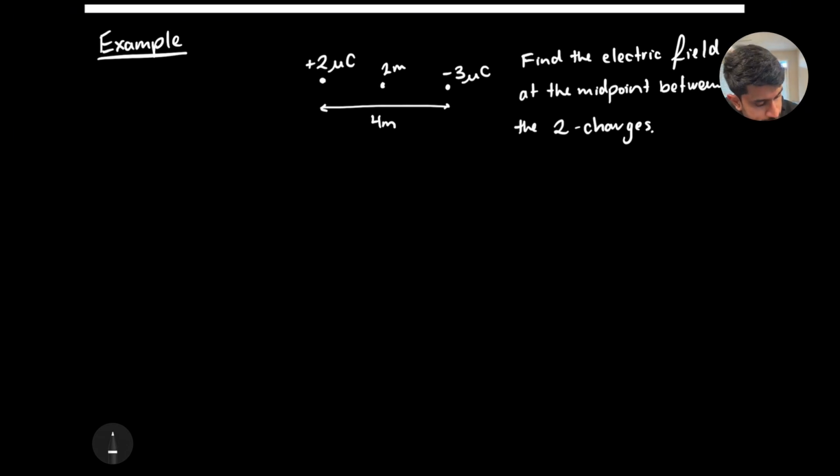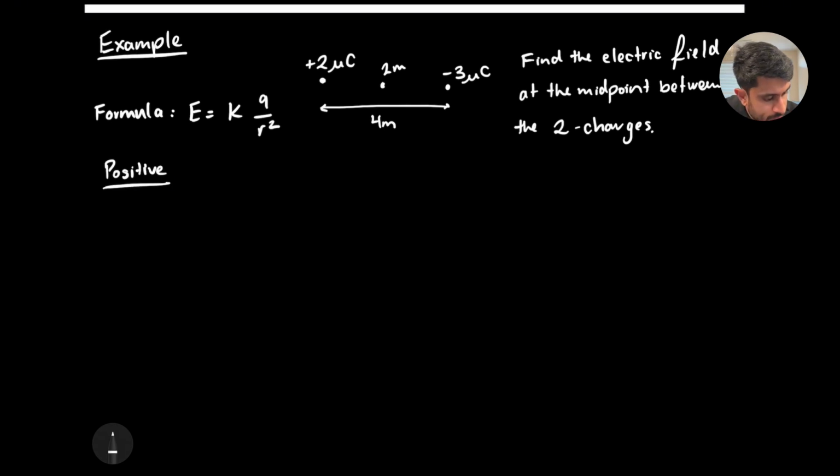We use our formula, E equals kQ over r squared. This is the main thing that we're going to do, and we're going to use it twice, once for the positive charge and once for the negative charge. So let's calculate it for the positive.